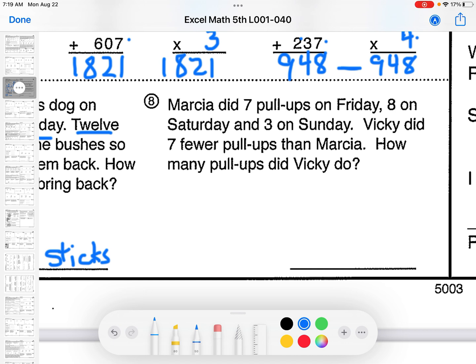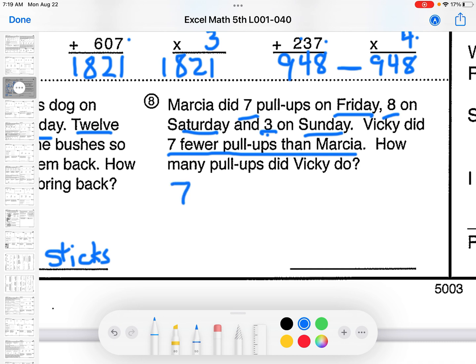Here we go. You should have already done number 8. Marcia did 7 pull-ups on Monday, 7 on Friday, 8 on Saturday, and 3 on Sunday. Vicky did 7 fewer than Marcia. How many pull-ups did Vicky do? Well, if Vicky did 7 fewer than Marcia, we got to figure out what Marcia did.